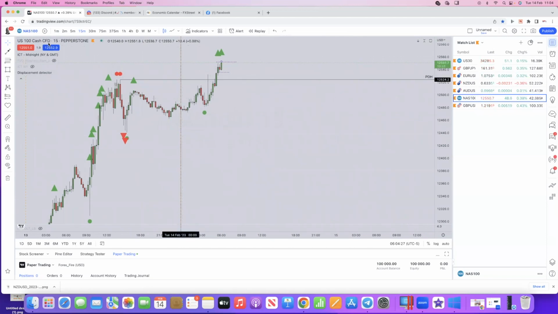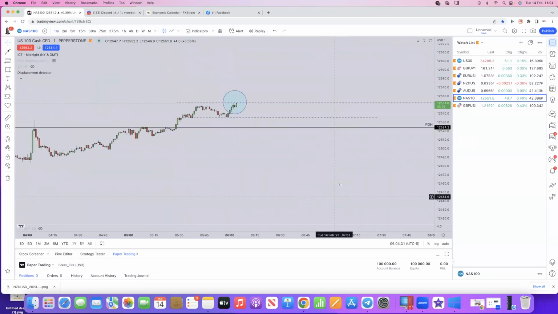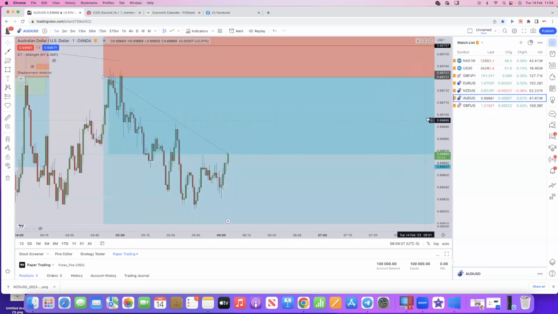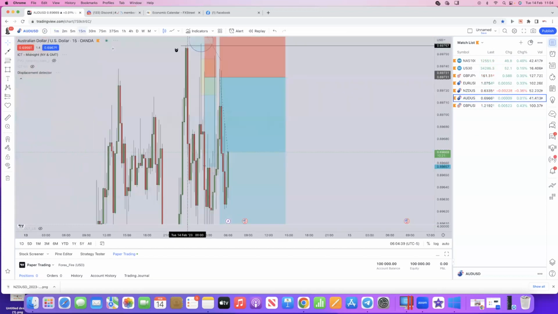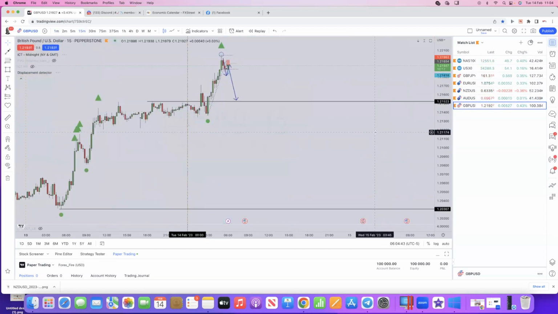Again, on this price, the NAS is just going up. Because we're coming into the midday, I'm just going to get rid of that. That leaves us with the AUD USD trade and the GBP USD on here.